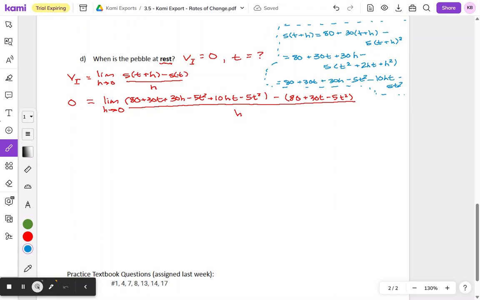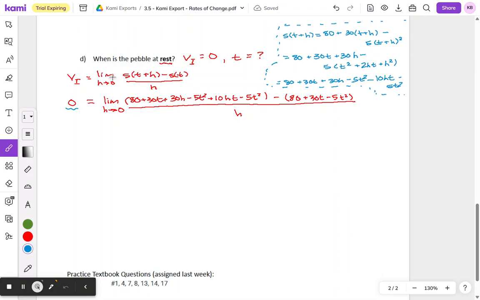But once we plugged it into the limit equation, notice we set the velocity to 0, so h will disappear. Although h is in there just as a helper variable through this limit, the unknown that we're solving for is actually the t. So we'll get to the end, and we will have a very simple equation to solve for t.